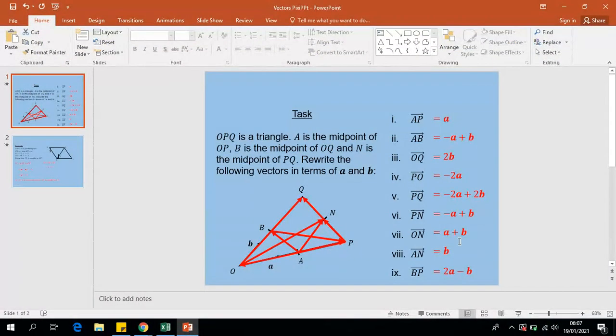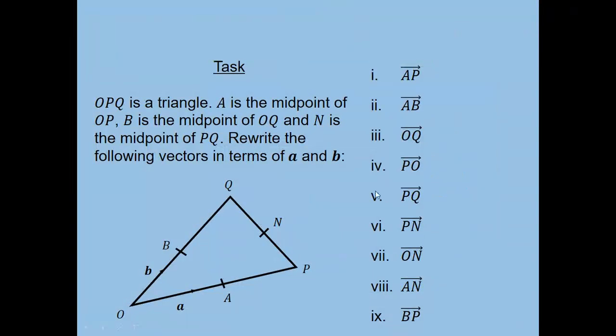Let's look at one final example. OPQ is a triangle. A is the midpoint of OP, B is the midpoint of OQ, and N is the midpoint of PQ. Rewrite the following vectors in terms of a and b. A to P would be vector a because it's a midpoint and we know O to A is vector a.